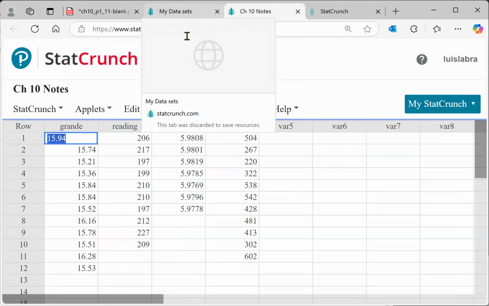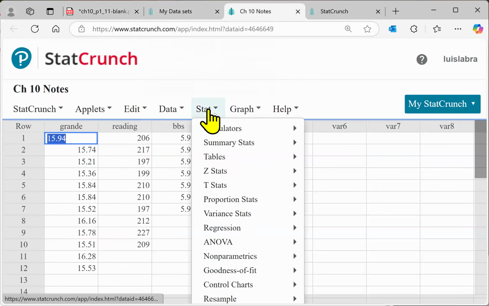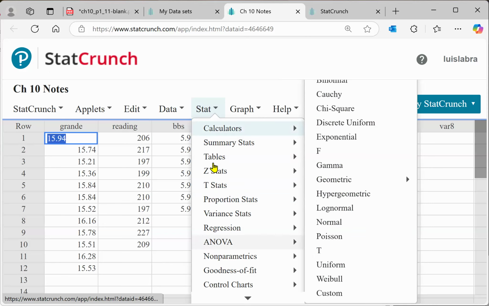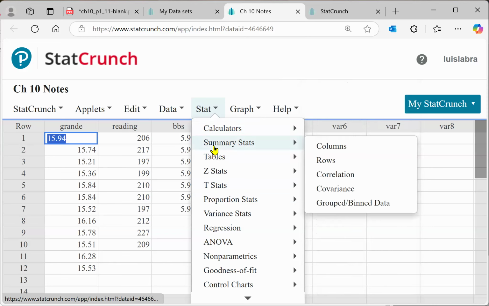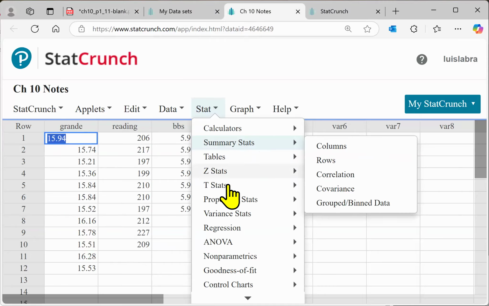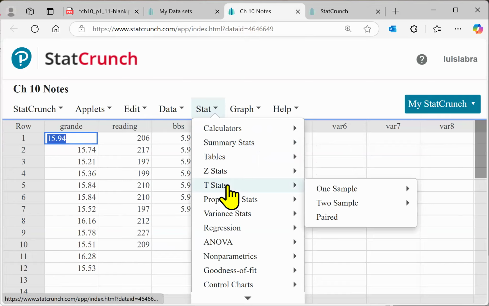So to compute the test statistic, or really for anything in this chapter, you're going to go to stats, and then select the appropriate command. The commands are the same from the previous chapter. So remember, this is a mean. So I'm going to be going to stats, T-stats, because it's a mean. Proportions would be proportion stats, and variance would be variance stats.